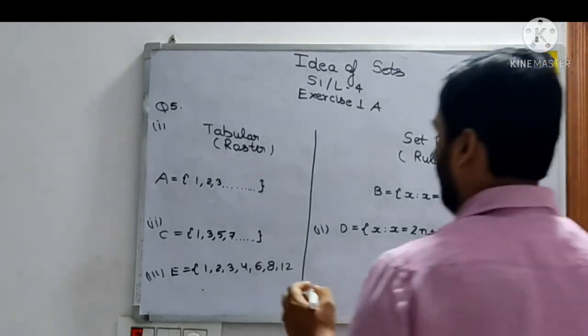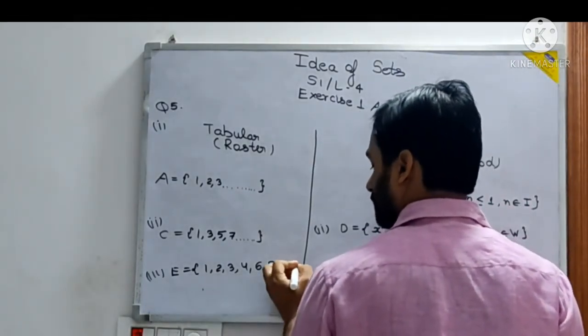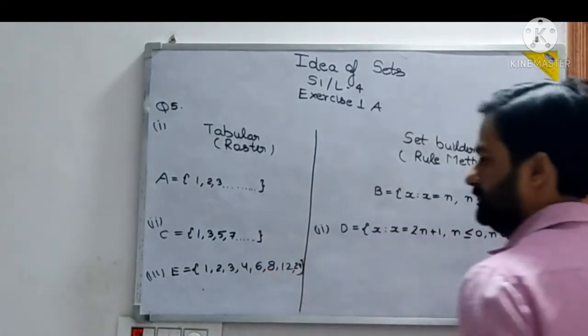So 24 will also be a factor of itself, and close the bracket.